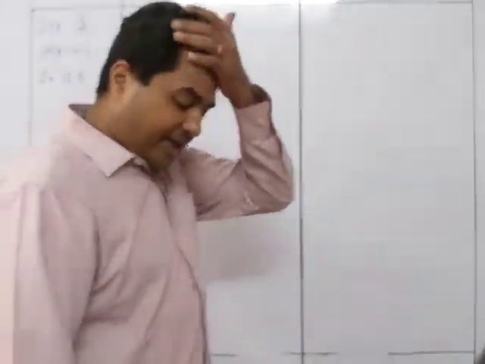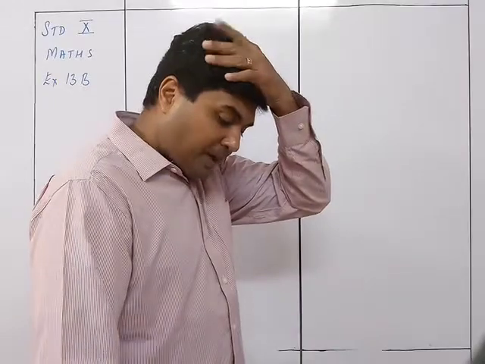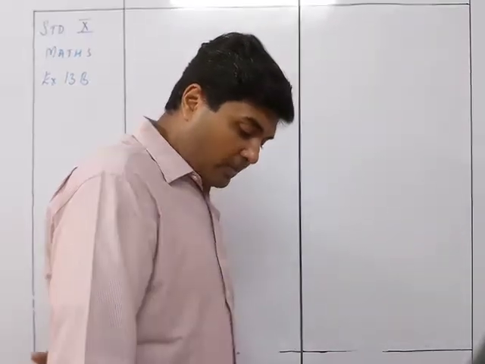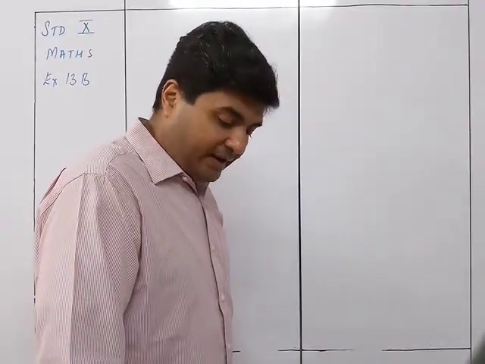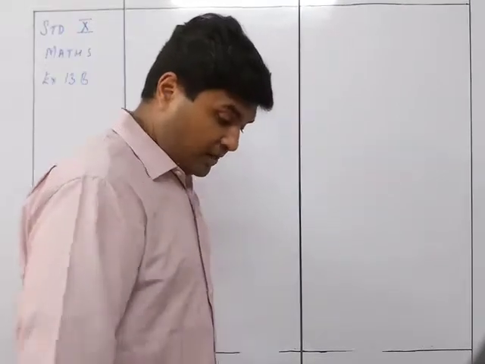Points P is a comma minus 4, Q is minus 2 comma B, R is 0 comma 2, and they are collinear. Okay, fine, the collinear line.